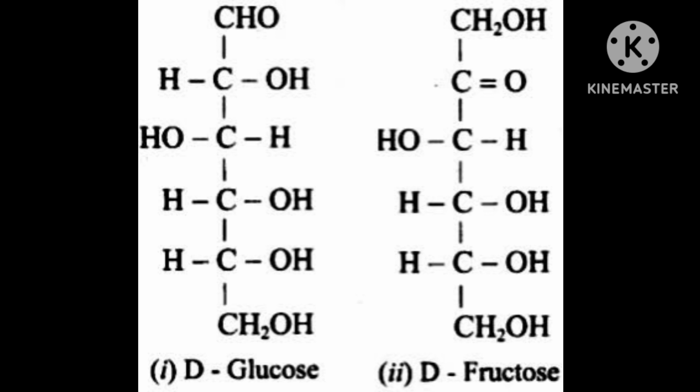A question is asked on this. Remember, Haworth structure is pyranose structure. Pyran structure, I told you, is a total six-membered ring, but in that ring 5 are carbon and 1 is oxygen. Correct? Then this is matching with the glucose structure.